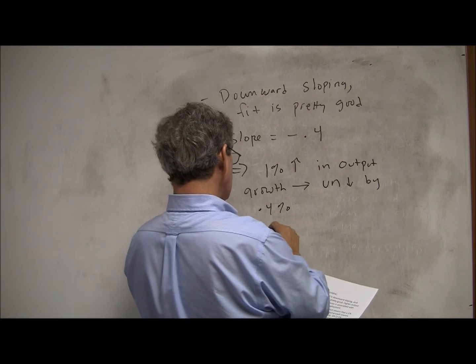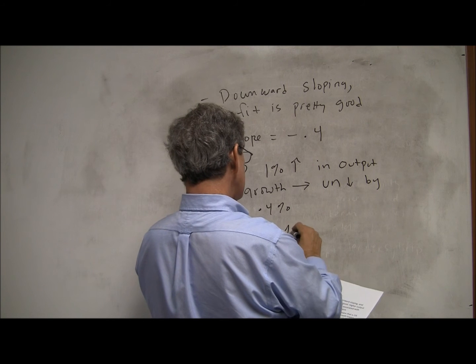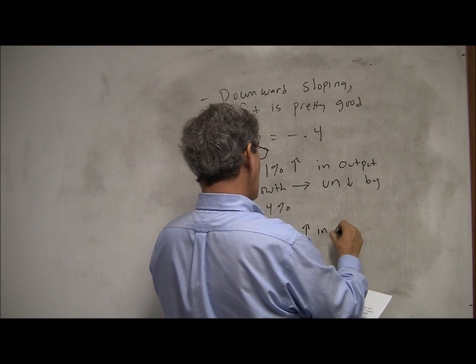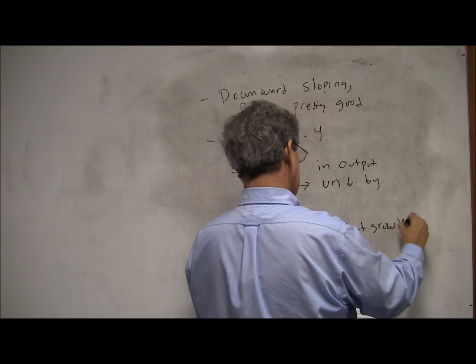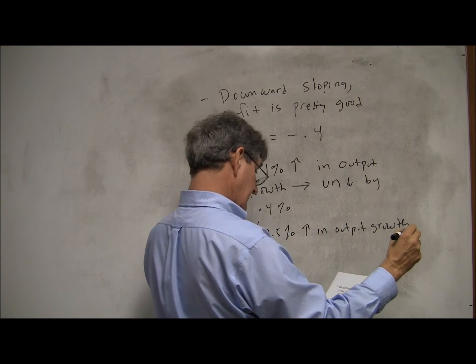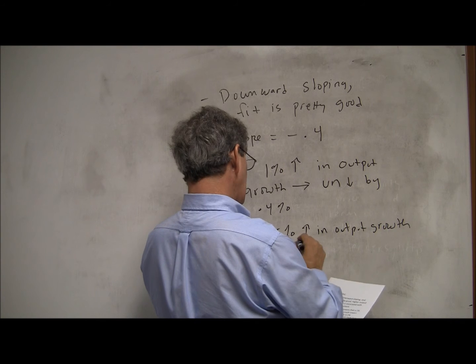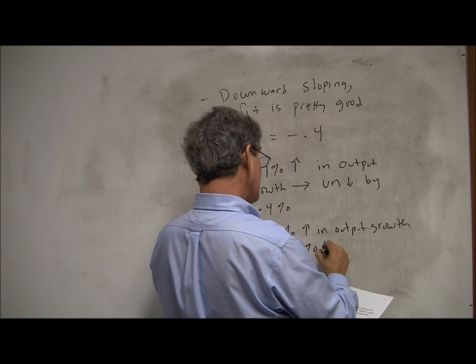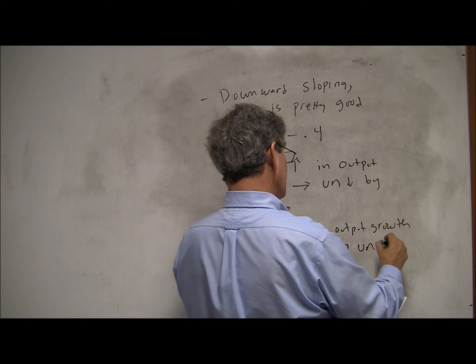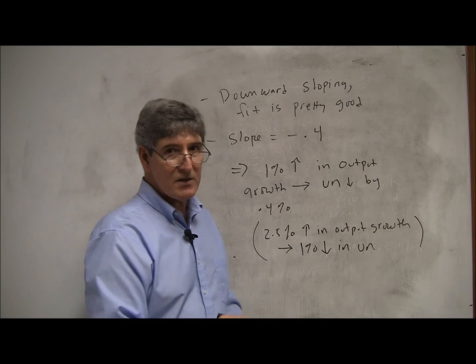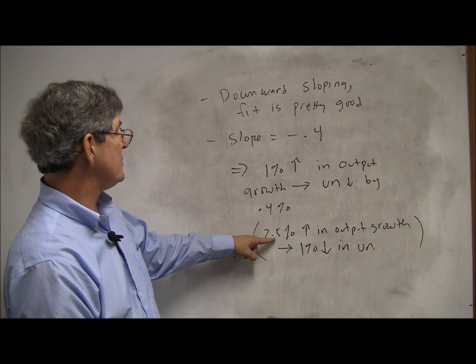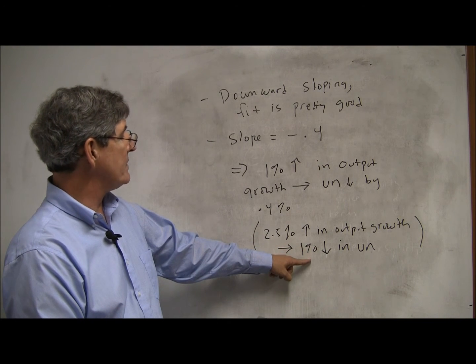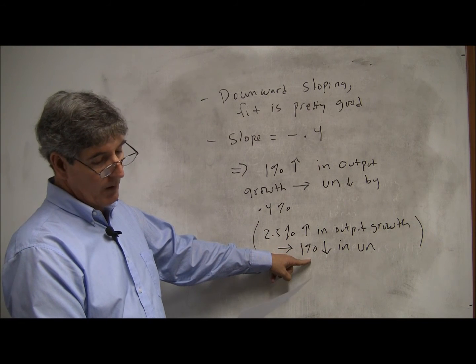Put another way, a 2.5% increase in output growth leads to a 1% decline in unemployment. So it's telling us that it takes a 2.5% change in growth to cause a 1% change in unemployment.